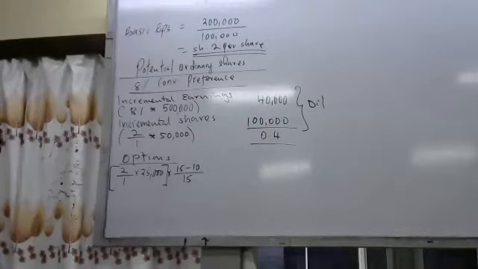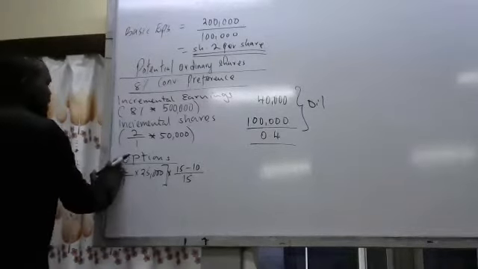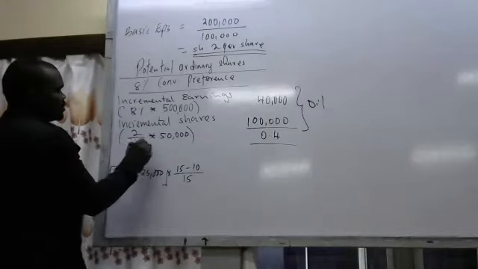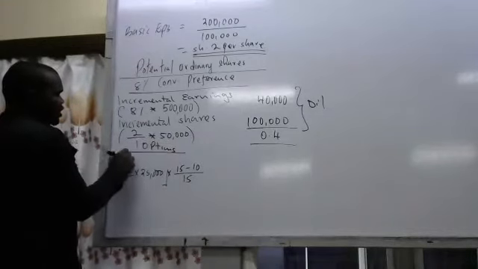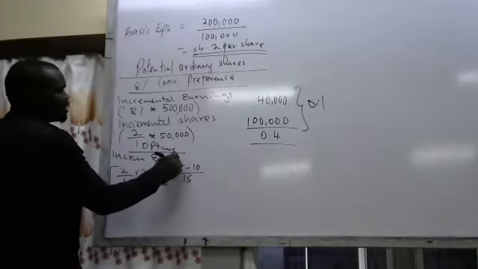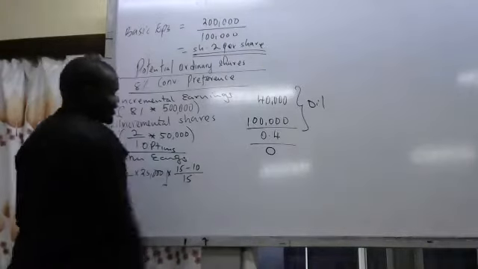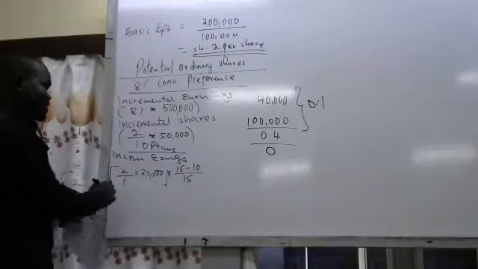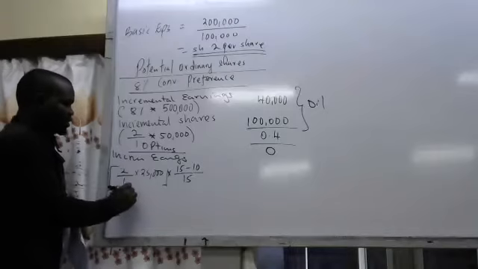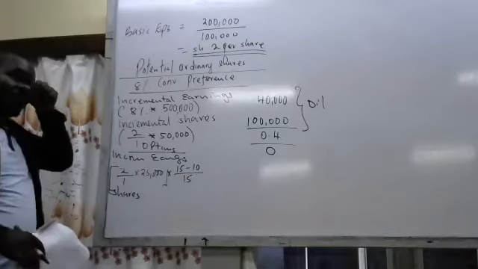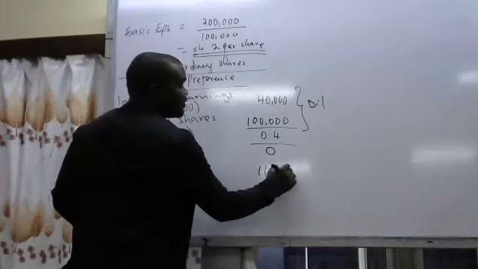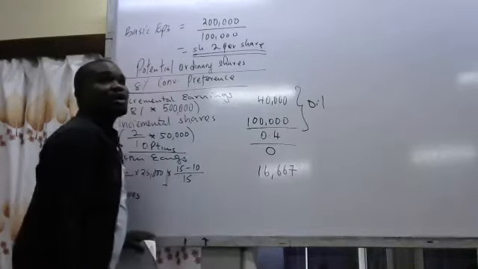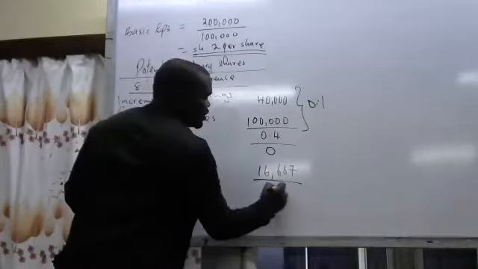So this one comes to shares and earnings. So options, incremental earnings are zero. So this one is for shares. 16,667.